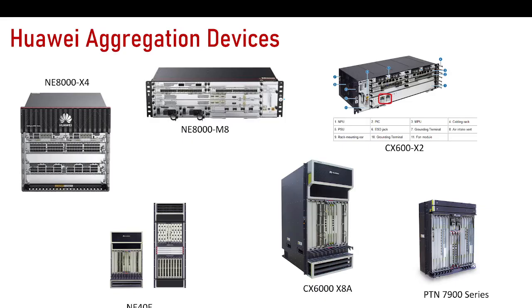So sometimes you will find that a service provider can either choose the ATNs in access and then the M8 in aggregation, or you could have the CX600 in aggregation. You could have PTN, different PTN versions, either in access or aggregation. So the choice of the devices purely depends on your goals, your network requirements, the capacity you are trying to achieve, and many other considerations that you need to put in place when you are deciding the devices that you need to use.